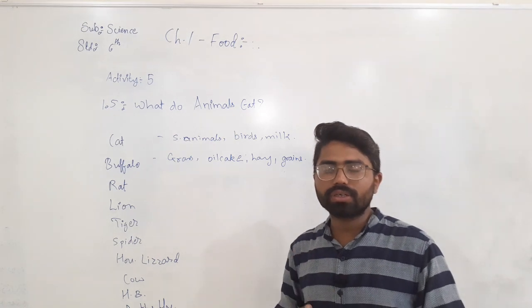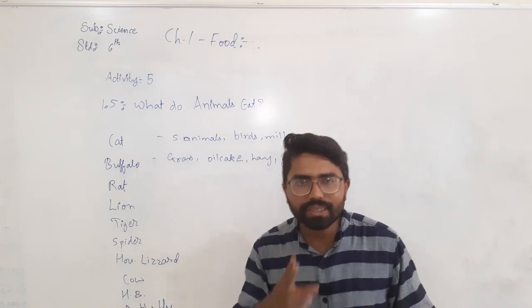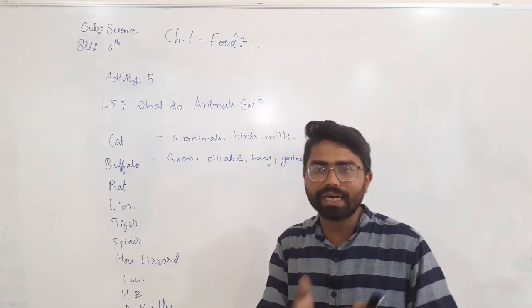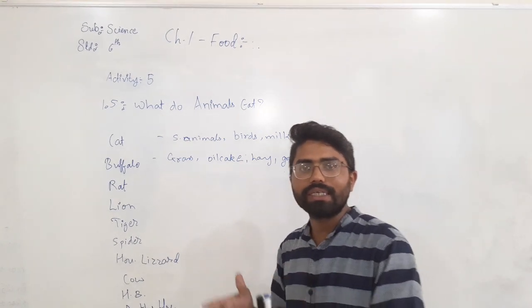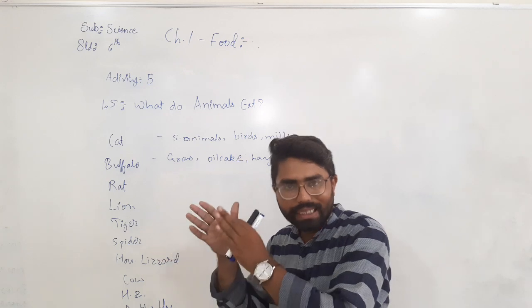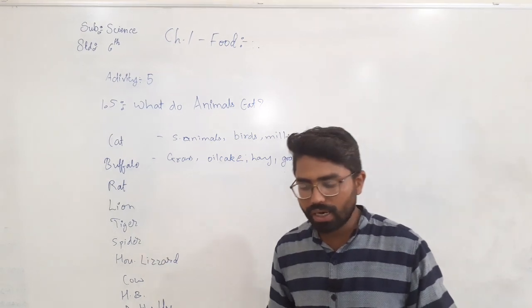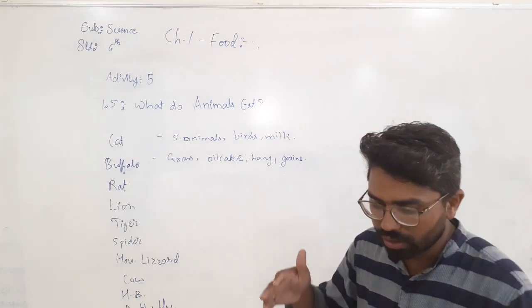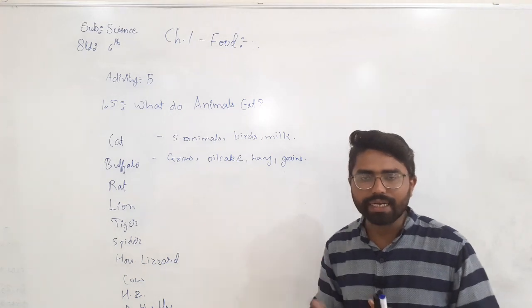And then the third one is omnivorous. Omnivorous animals eat both the things, meaning they eat flesh also and they eat herbs also, that is plants, fruits, grains and all these things that herbivorous animals gain as a diet.